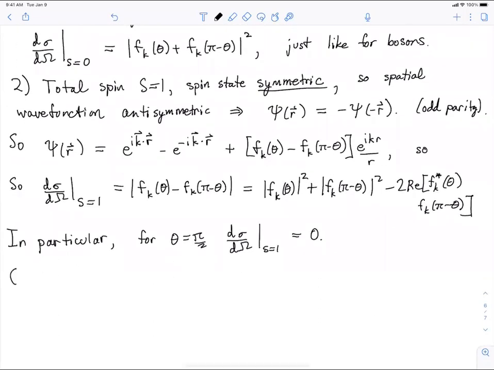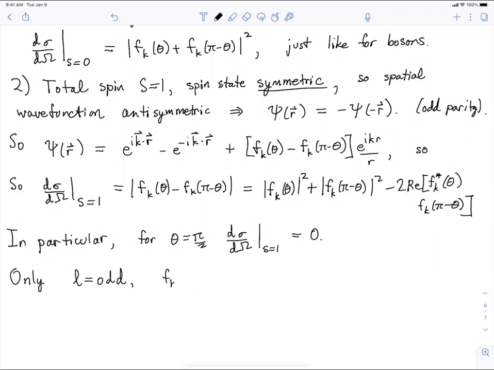Another thing about this is that only odd angular momentum combinations can participate, just in general. That's because the even ones in the Legendre polynomial expansion, the partial wave expansion, vanish.